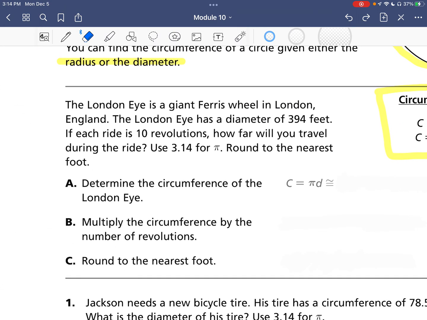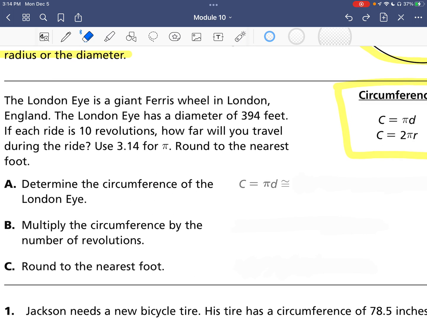So circumference equals pi times diameter. Because pi is an estimate, we have about equal to 3.14. So there's my pi times my diameter. Okay, pause the video, multiply that out. Don't forget your decimal. Unpause the video when you have an answer.